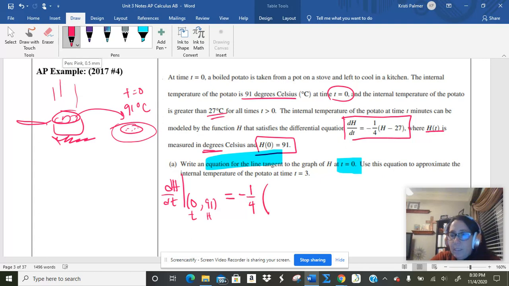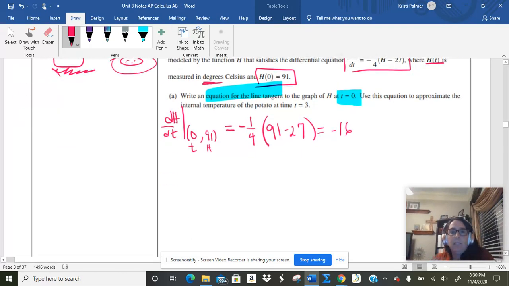There are no t's to plug in. That's the tricky part of this one. So we're going to plug in only the h. And the most common mistake that kiddos make is they plug 0 in for h, and that's not right. So I get a slope of negative 16.